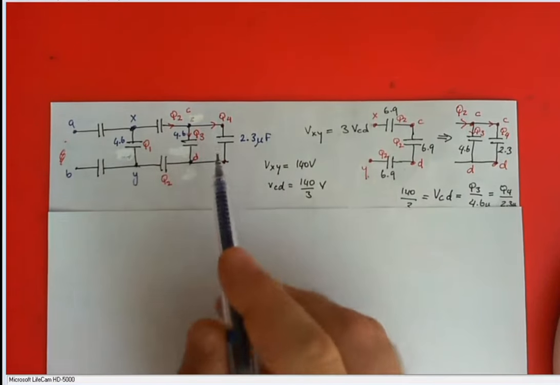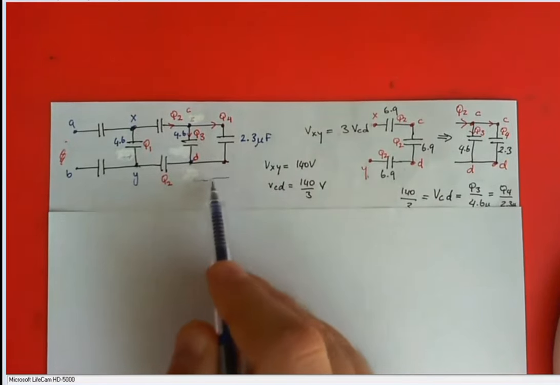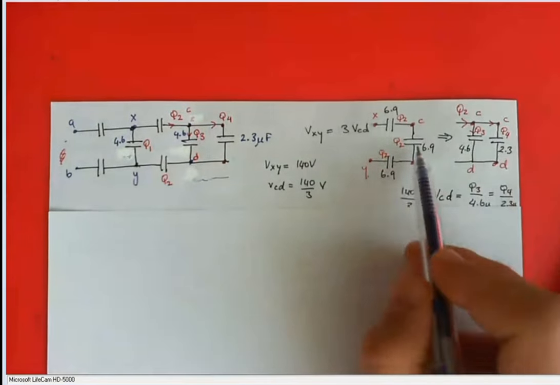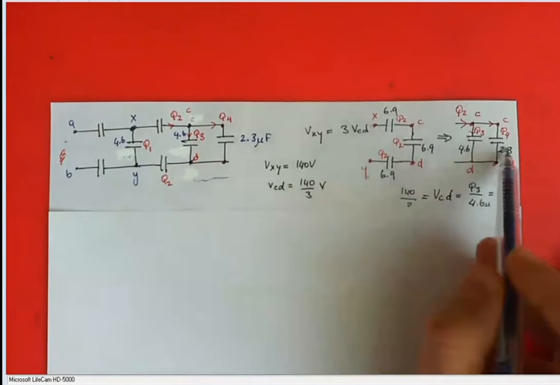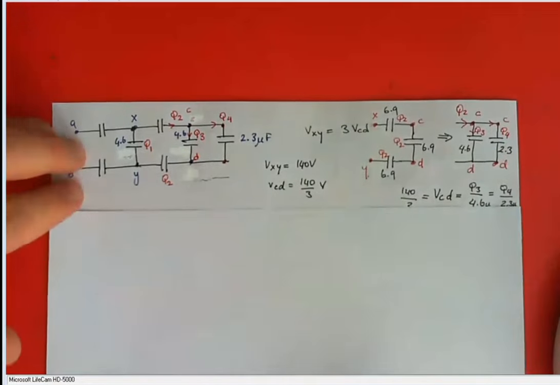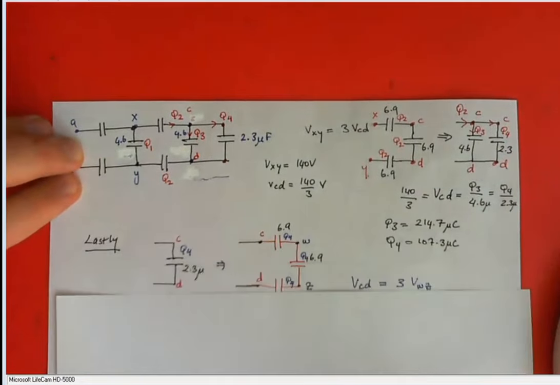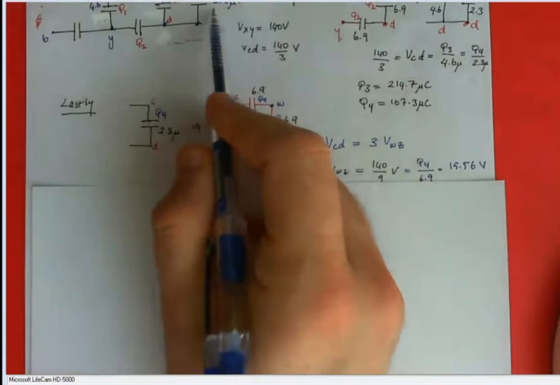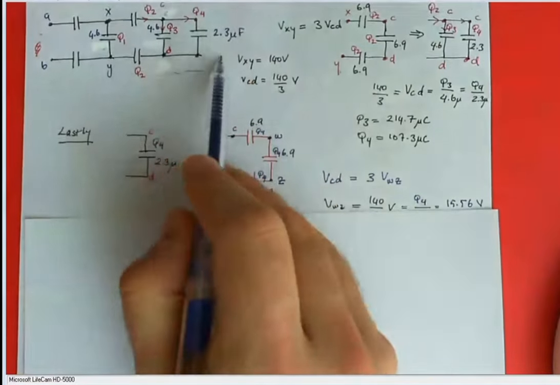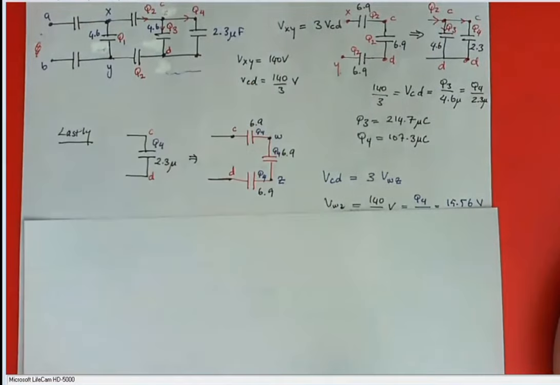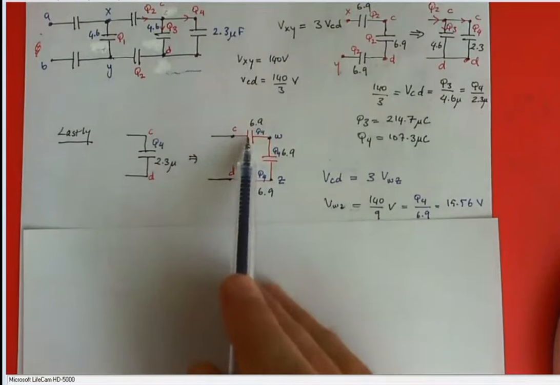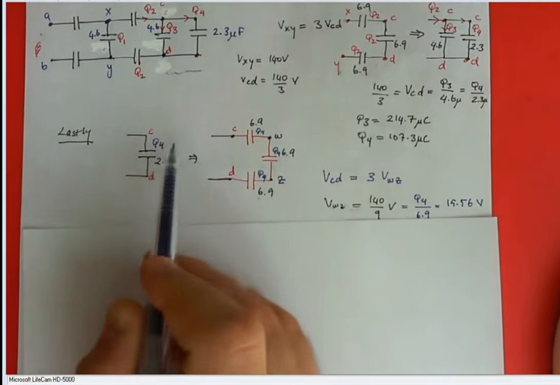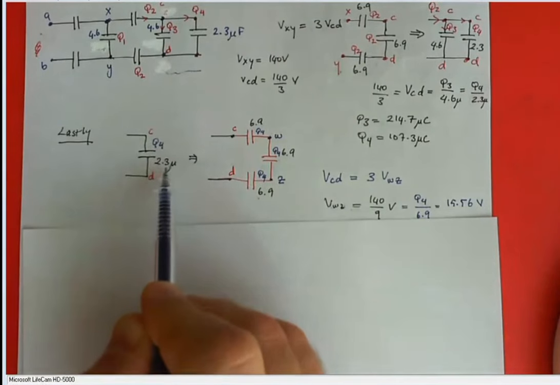If we extend this in the previous setup, 6.9, 6.9, 6.9 makes it 2.3, right? That's what we found out. And as a last point, if we also extend this part, this part is also 2.3, so that will have the same 6.9, 6.9, 6.9. That's the last branch that we have right now.